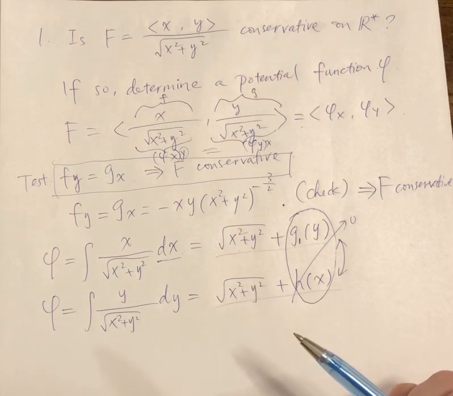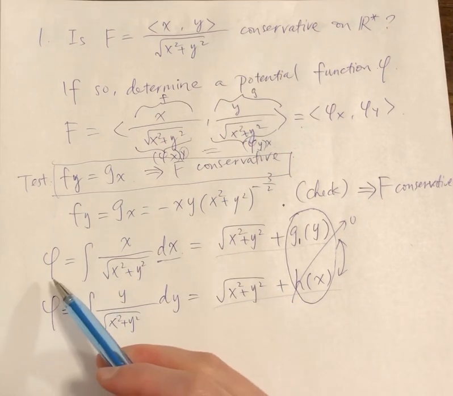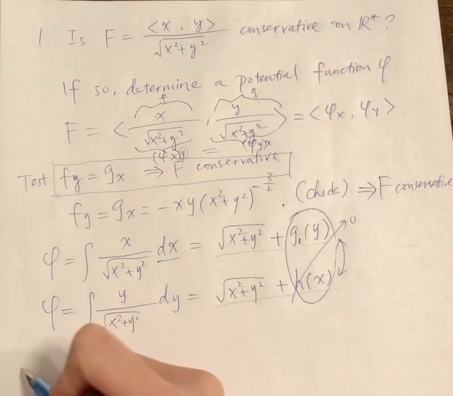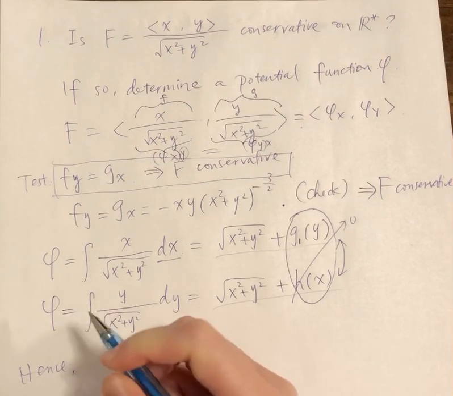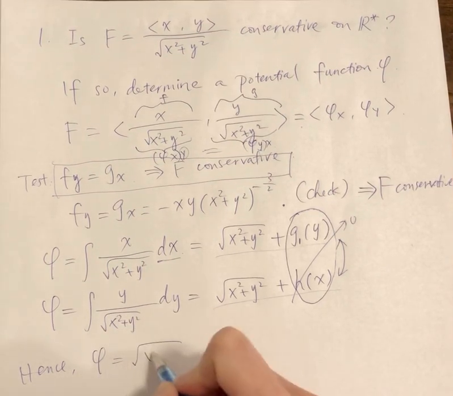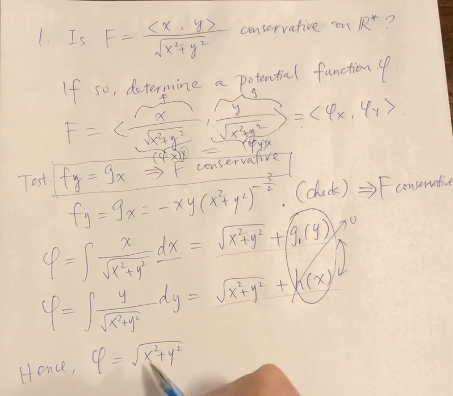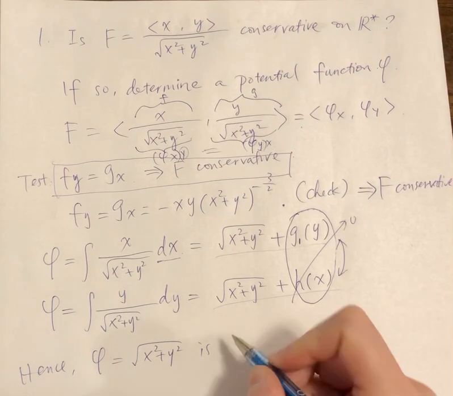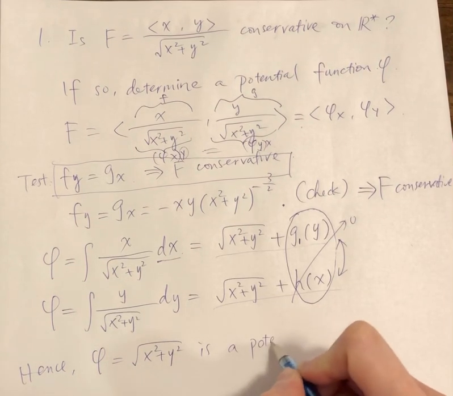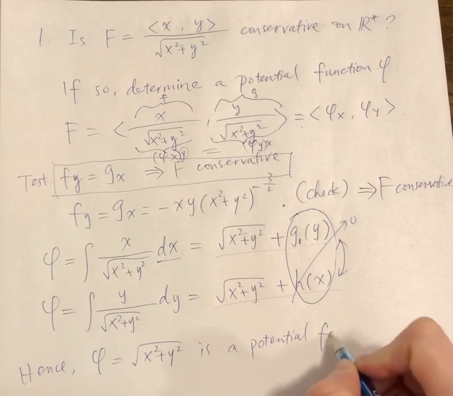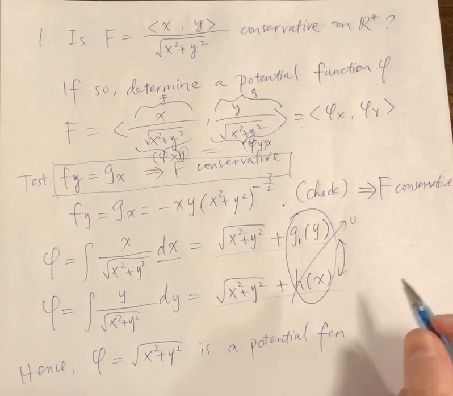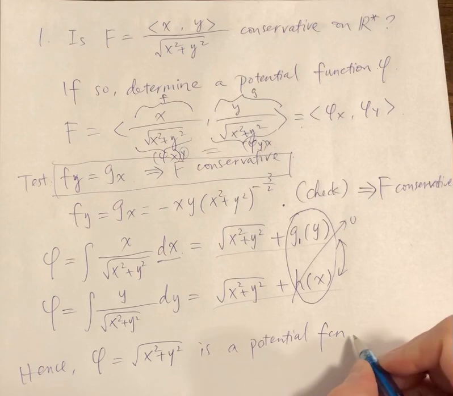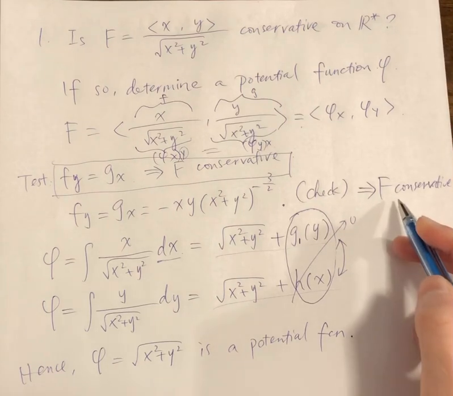So that is going to be our phi. Then we can make a conclusion and say hence phi equals the square root of x squared plus y squared is a potential function for f.